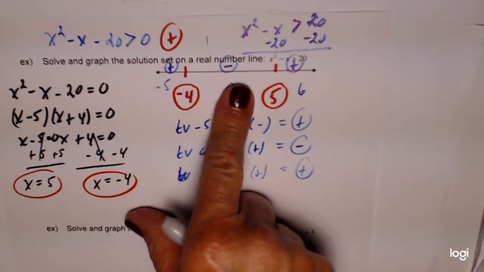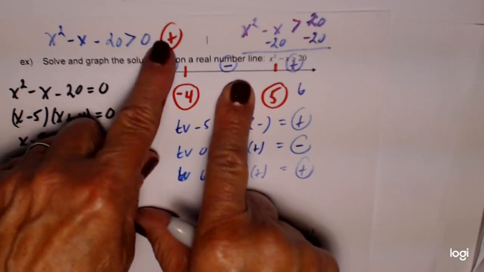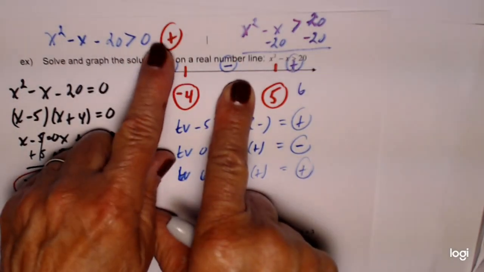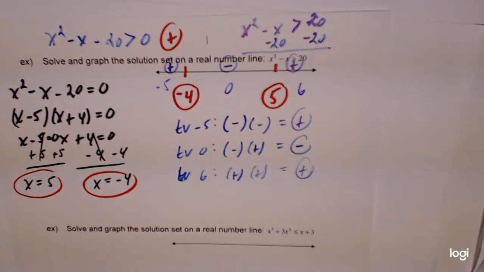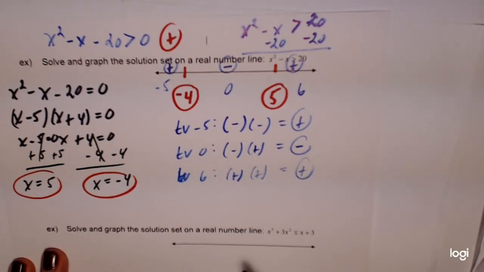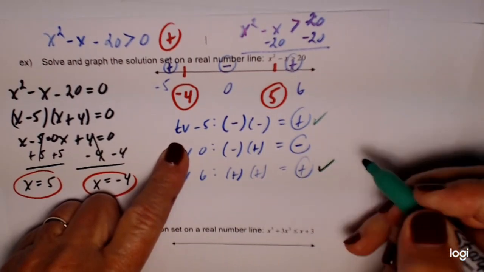Now, which of these intervals is going to satisfy our solution? Go to our original inequality statement: we're looking for positive activity. I found my green marker. So positive activity is here and here.